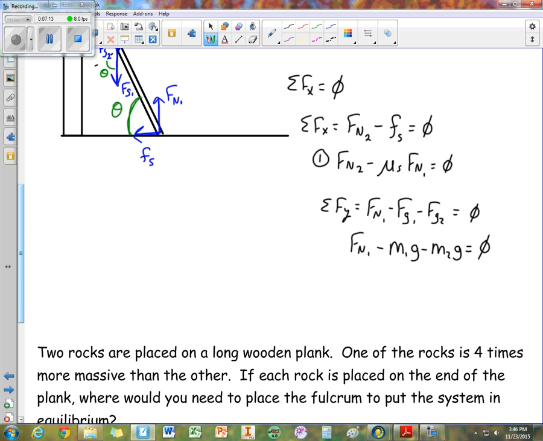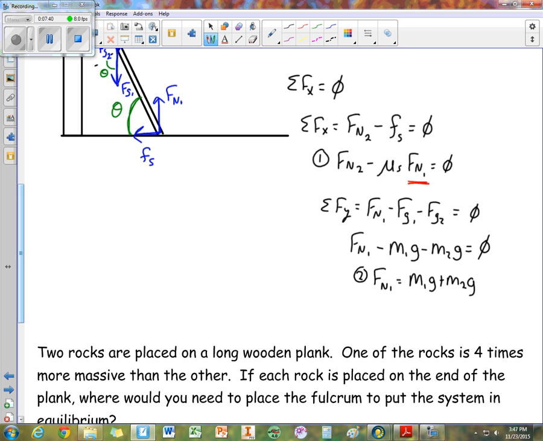Now notice what that does for us: it gives us a formula that we can plug in for Fn1. Fn1 equals m1g plus m2g. So we can plug that in. So this is like our formula 2.